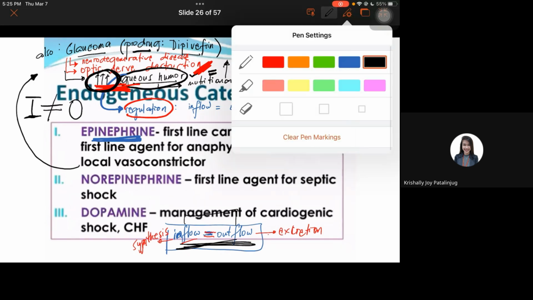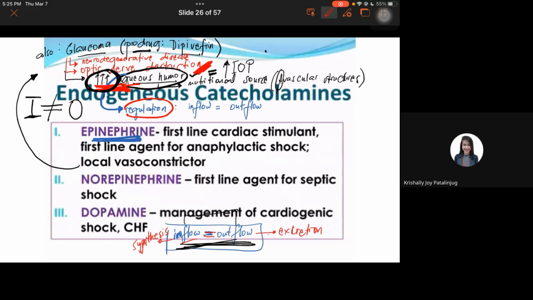Okay? Now, with regards to the anatomical physiology ng mata, para you could understand this information. So halimbawa, ito yung mata, 'di ba? Kung babalikan natin yung anatomy niya. And then this is the optic nerve.